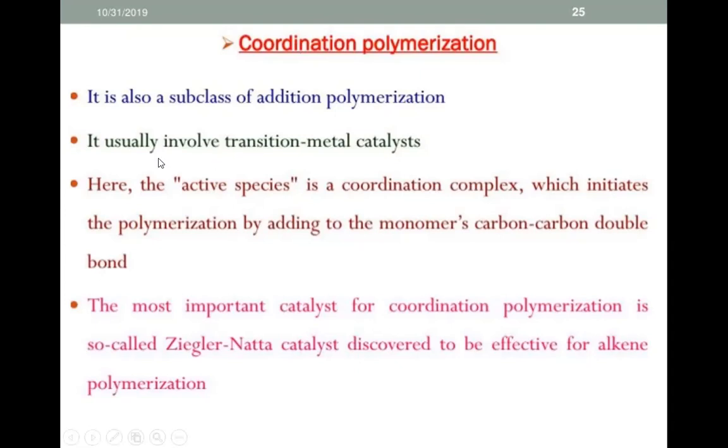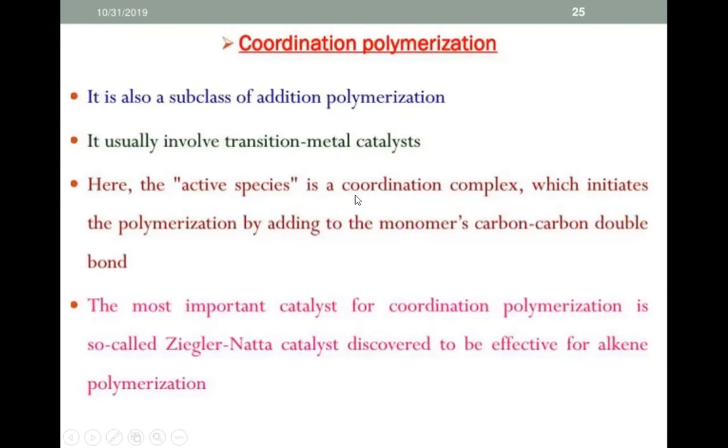And this polymerization involves a transition metal catalyst. Transition metal catalyst means whatever metal is present in the transition block elements, d-block elements, this type of metal acts as a catalyst in the coordination polymerization.